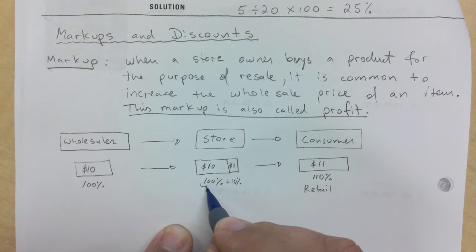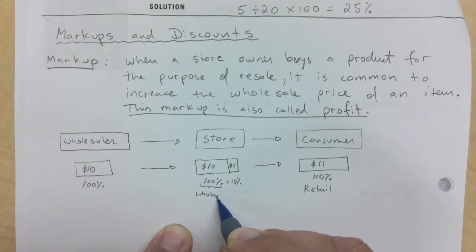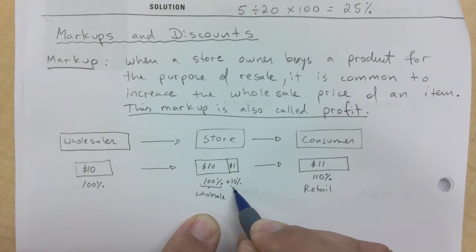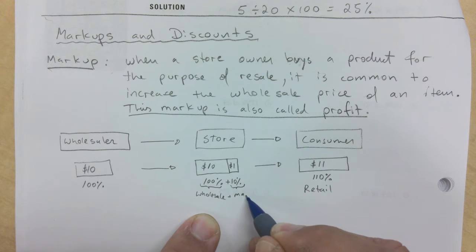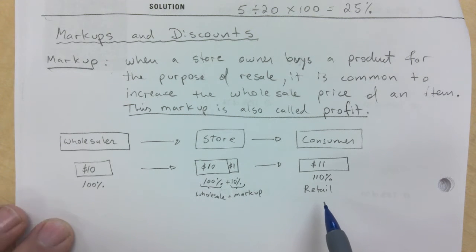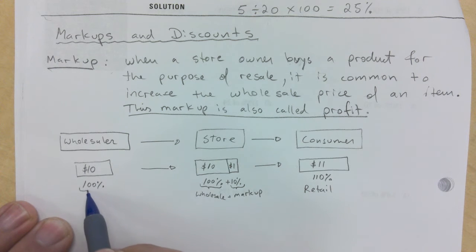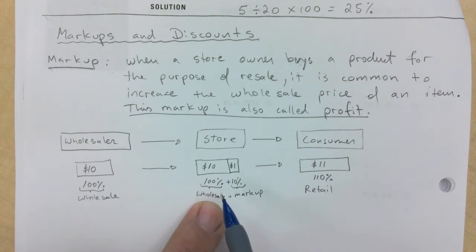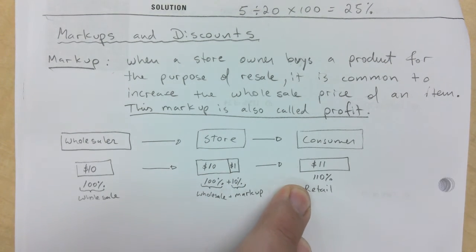Here, I'm just going to split this up into wholesale. There's a wholesale price, and this 10% is the markup, and then it's the retail.